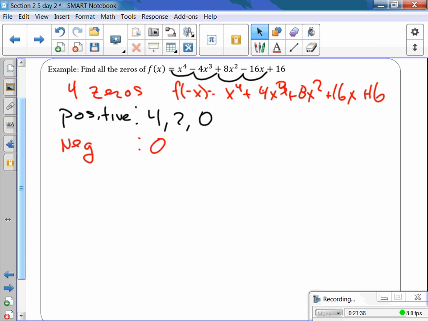And then finding the possible rational zeros, p over q, my factors of what over what? 16 over 1. Help us out there, Dominic. Can I have negatives in there? No negatives. Absolutely. So 1, that's good. 4, 8.